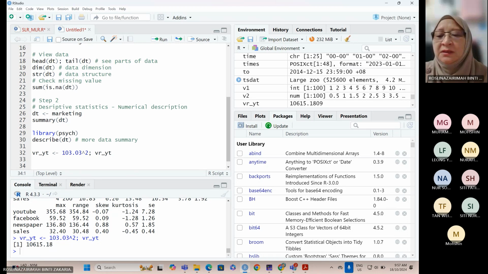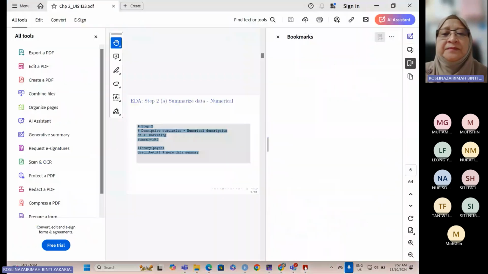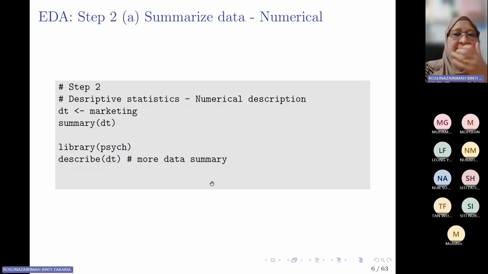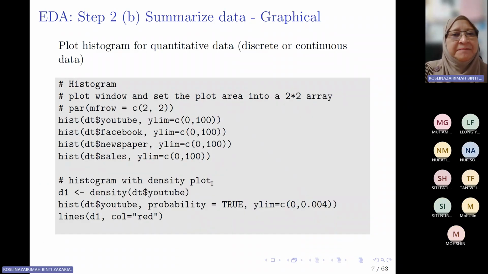Okay, what is the next step? So that is the second step, do the numerical description. After that, this is the interesting part. We plot the data.